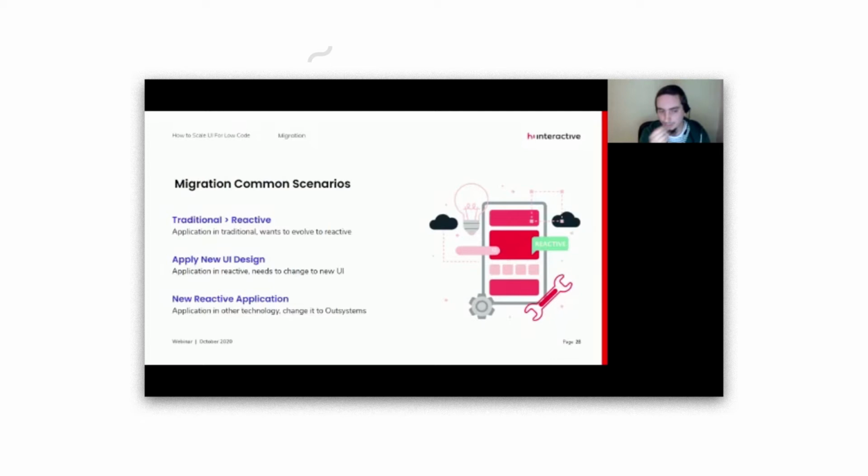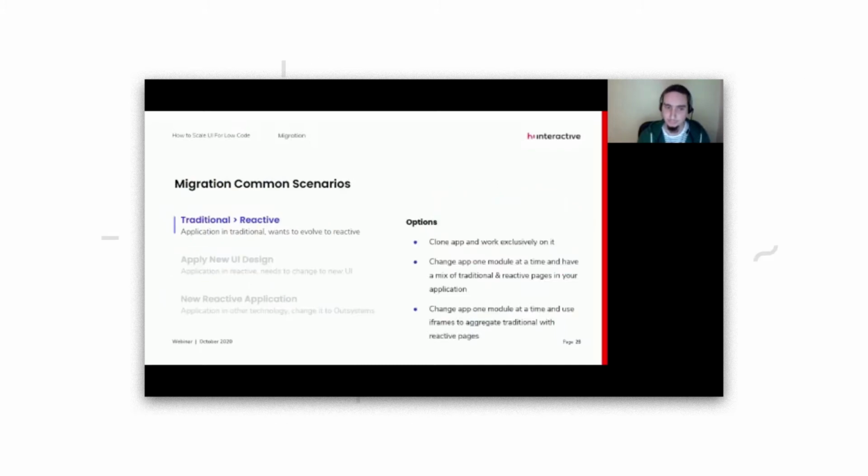And the third migration scenario that I want to briefly talk to you about is to create a new application, in this case in reactive. Usually what we talk about with our clients is the problem they have when they need to transform a traditional application into a reactive one.